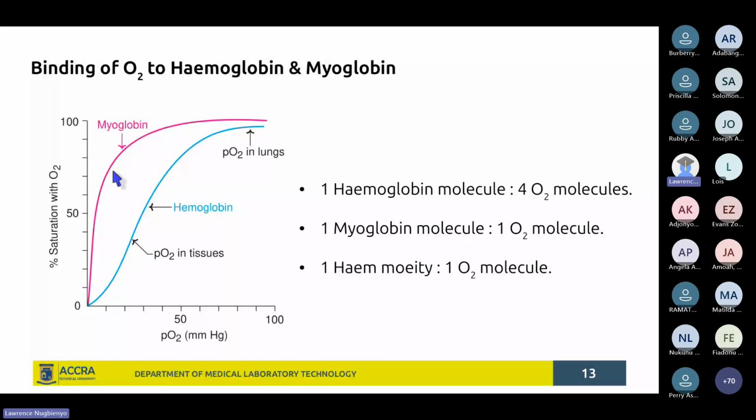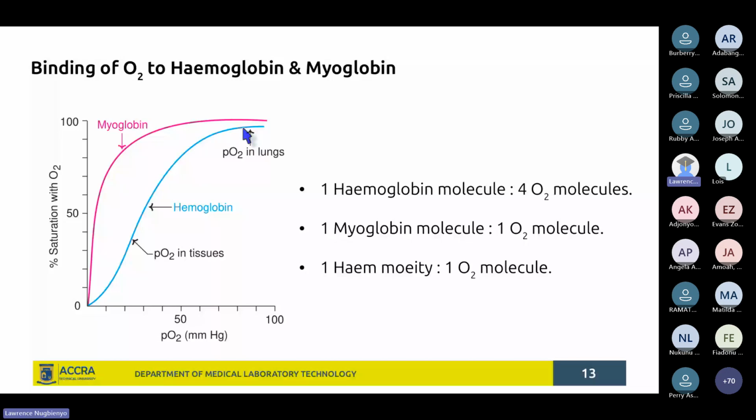But see hemoglobin, the saturation occurs in the lungs, because it is in the lungs that hemoglobin takes oxygen.